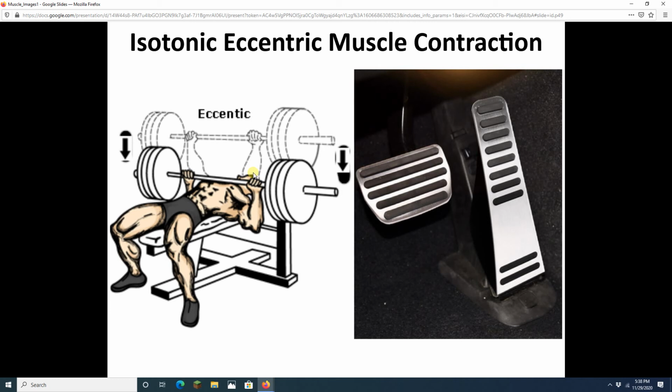It generally happens during what's called the negative portion of a movement. If you're a serious weightlifter and you've heard of doing negatives, you know this concept. So in lowering this weight, the pec major is getting longer, but yet we're developing tension. The pec major is acting like a brake pedal on the weight.